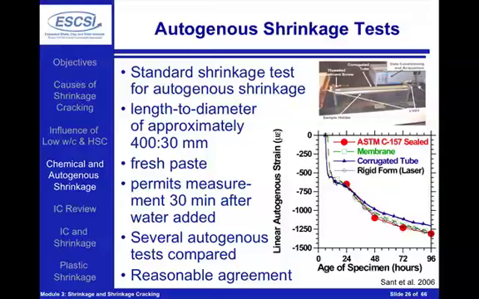There's a rigid form where you can measure length change using a non-contact laser. And what we'll see here is the corrugated tube test, which you can see in the upper right-hand corner. This tube looks sort of like a crinkle-cut French fry with a very high stiffness in the radial direction and a very low stiffness in the longitudinal direction.